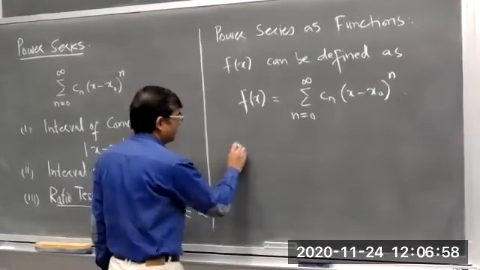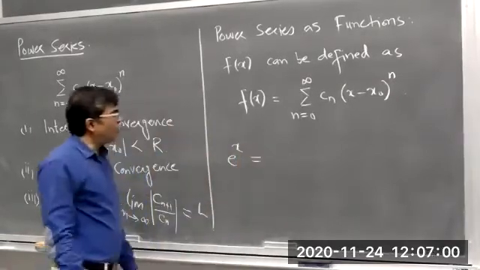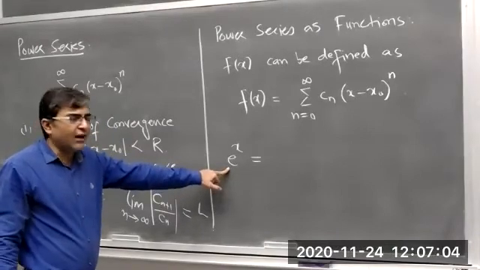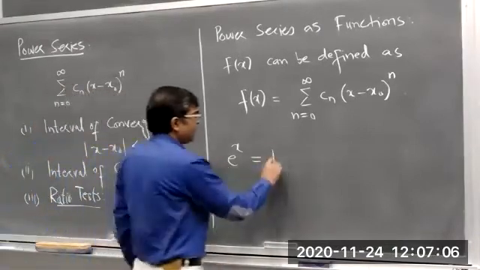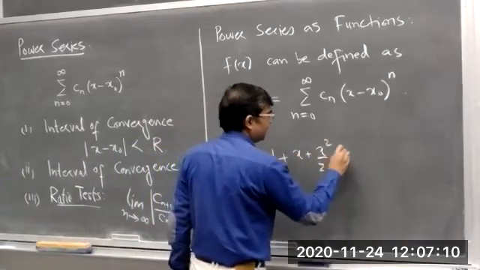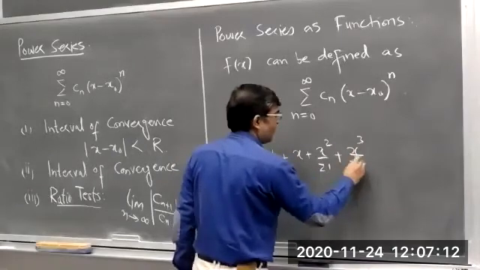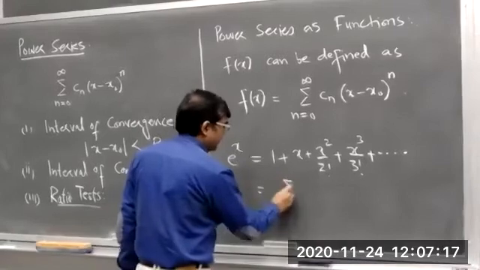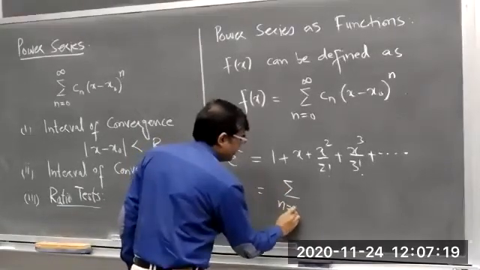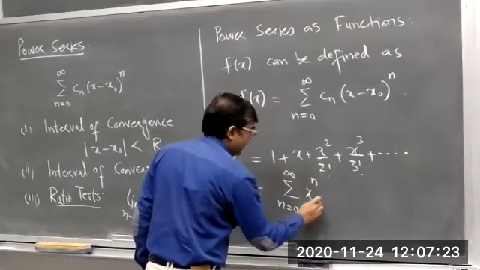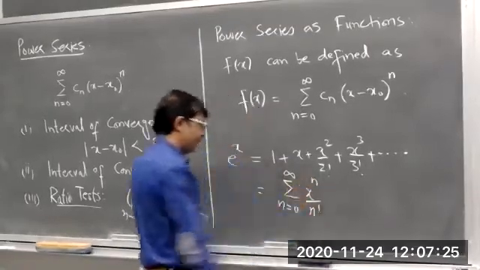I hope you know what is the series form of this function, e raised to the power x. e to the x is a function, and we can express it in the form of a power series. So this is nothing but summation n from 0 to infinity x to the power n divided by n factorial.